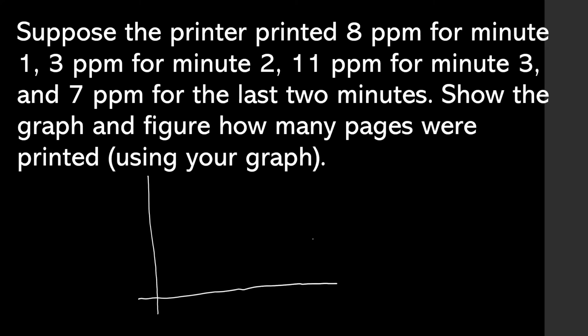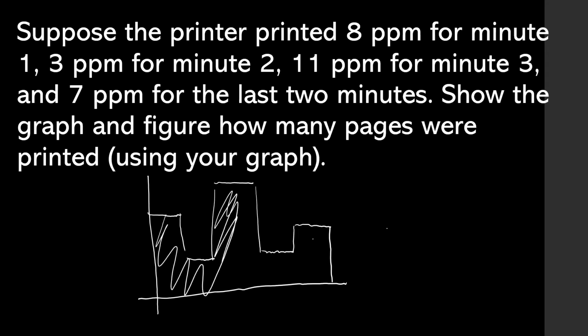We're not going to do much of a graph, but we're still going to have the vertical label of pages per minute, the horizontal label of minutes. And then is this even possible? You have all these different rates: 8 pages per minute, 3 pages per minute, 11 pages per minute, 3 pages per minute, and 7 pages per minute. I guess the question is, what would all this area, doesn't really matter what numerical value, but what information would it give?